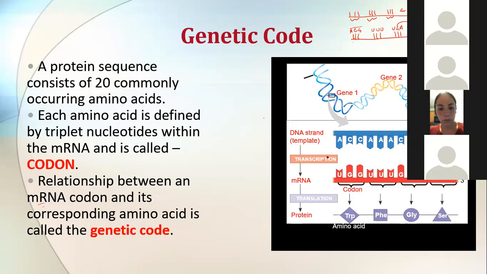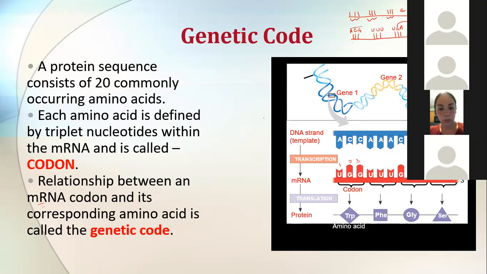Okay, so over here you can see this is the DNA strand, and three base pairs, 1, 2, 3, make one codon. So over here, when UGG makes one codon, it makes tryptophan amino acid. When three uracils make one codon, that means the cell needs to make phenylalanine.